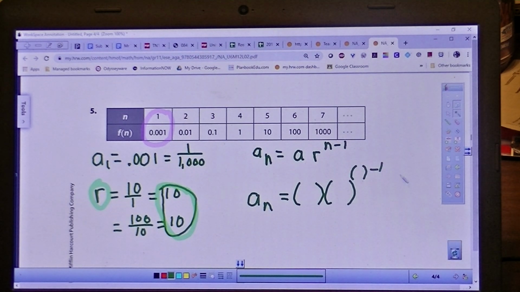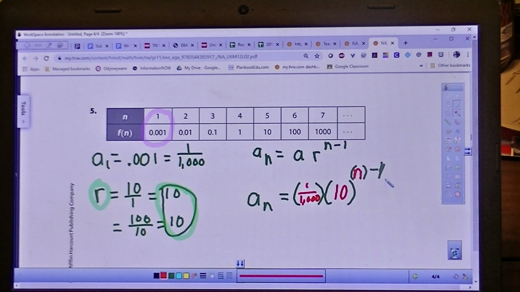So A, well that is 0.001, or I can say this is 1 over 1,000. Either one works fine. And then what's the R value? That's a 10. And again, what goes here? Well, since I'm wanting the generic, I'm going to leave the n in place. If I wanted the 8th term or the 20th term, then I would put that number right there. So I'm going to put an n in here.